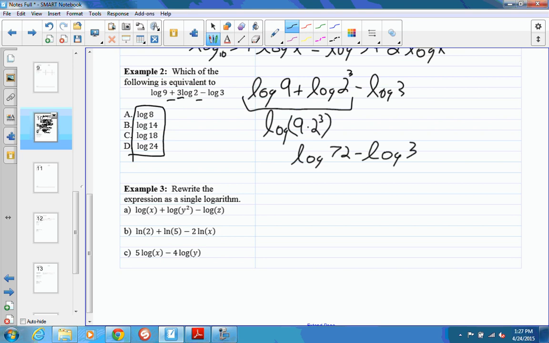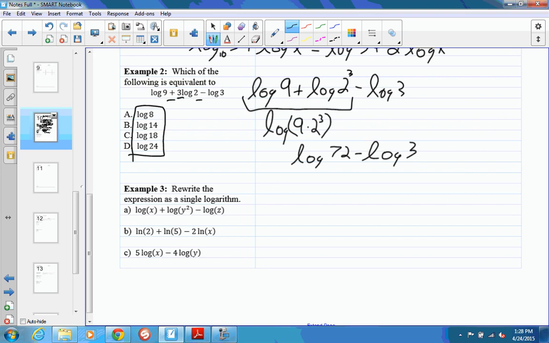And then Ashton, what am I going to do with these two? I need to get down to one single log. Which property am I going to use? I know which one I want to do, I don't know how to say it. The power. Why do you think I'm using the power?